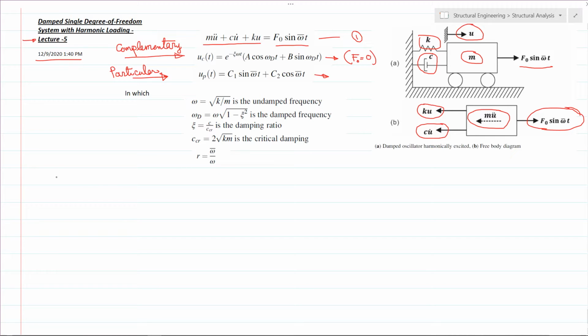So we can see here the complete solution, that will be equals to U of T. This will be equals to U of CT plus U of PT.